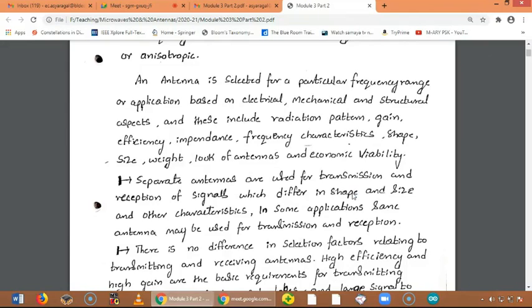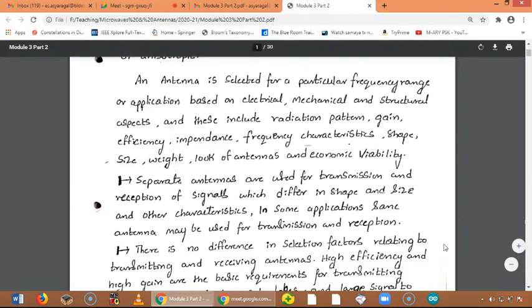These may also include the antenna pattern, how much is the gain, how efficient the antenna is in all environmental conditions, what is the impedance, how the frequency characteristics will be, what is the shape, the weight or size. Whether it can be economically used by all applicants, and how it is going to look. So these are all the aspects while selecting a particular antenna for a particular application.